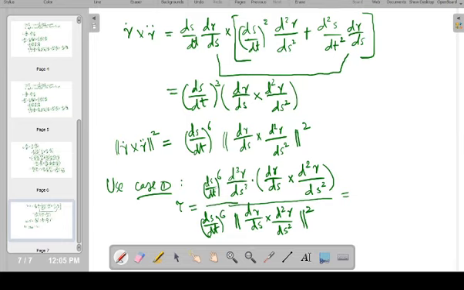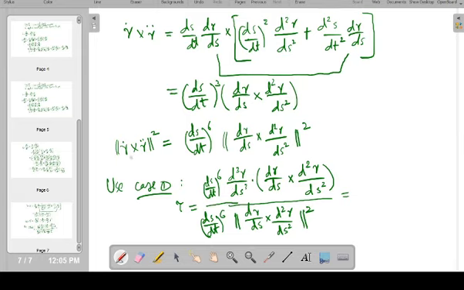And what is this object? And what is the denominator?